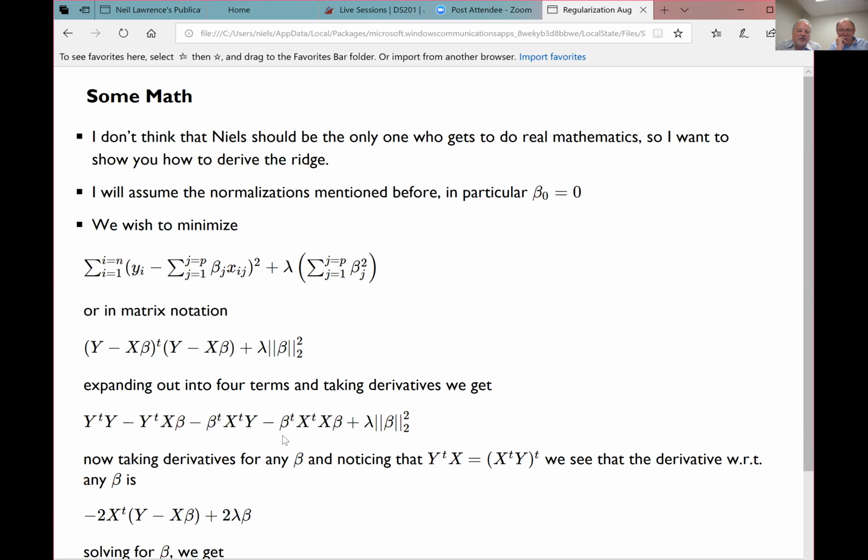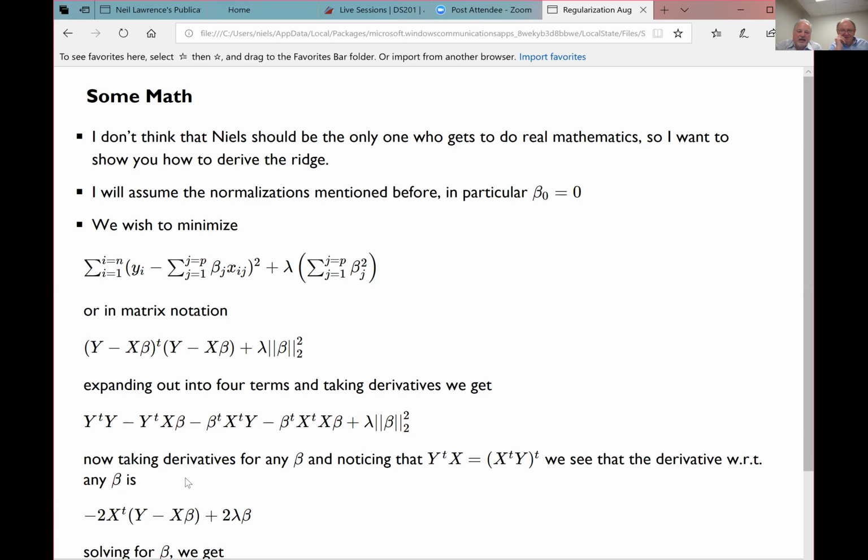In fact, these are the 4 terms, and when you take derivatives, only this one and this one and this one count. Remember, you don't care about x transpose and x from the point of view of taking derivatives with respect to betas, they're constants. The other thing to notice is that y transpose times x is the transpose of x transpose y.